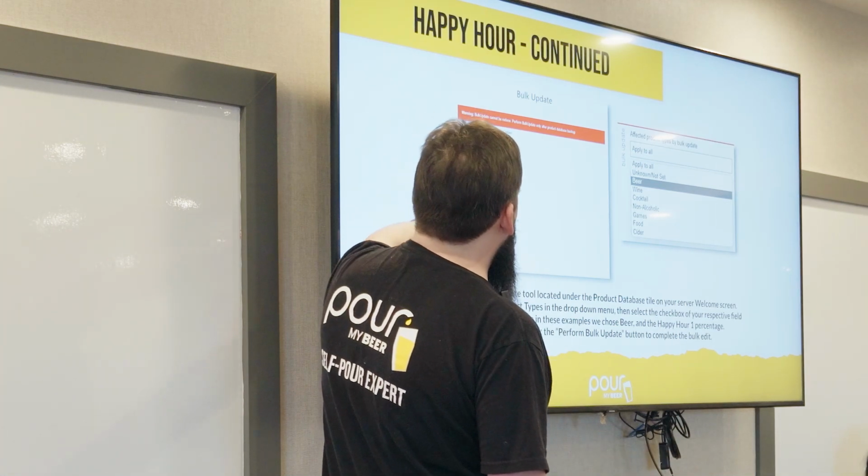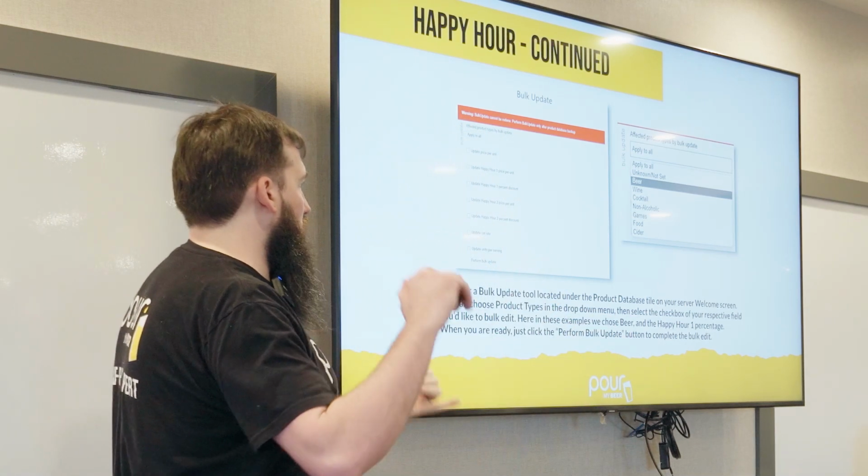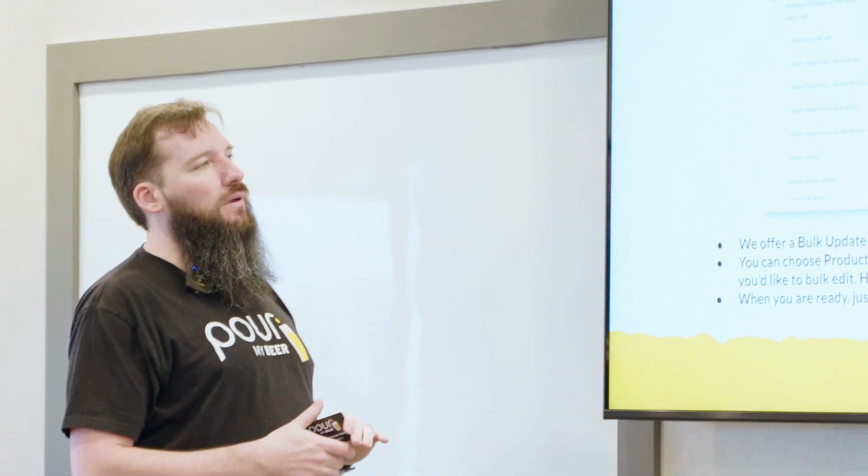As you check these different options, you're going to get additional options that tell you, like, I want every happy hour absolute price to be 35 cents. And it is going to go through every single product in your database and do exactly that, which, if that's exactly what you want, that's cool. If it's not, it can cause some problems, but it's good for really, really fast bulk updates.